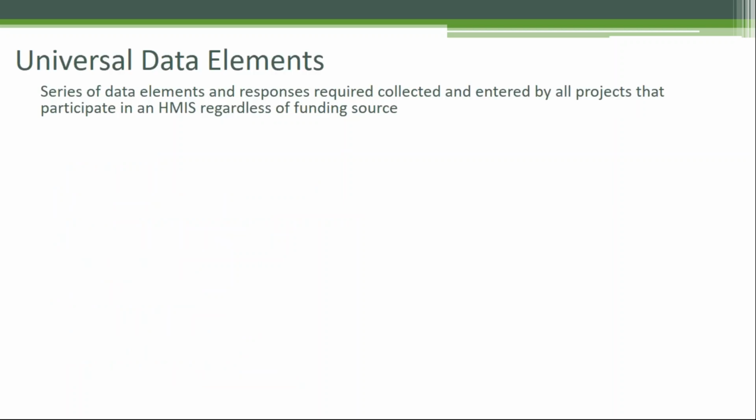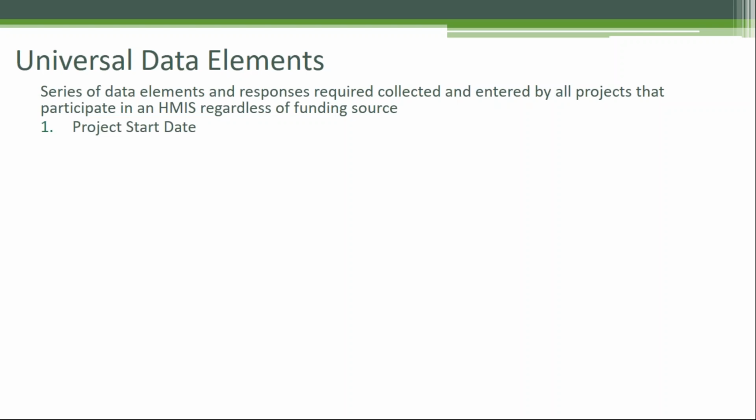When we're reviewing key terms, the first thing I want to talk about is universal data elements. So universal data elements are a series of data elements and responses required to be collected and entered by all projects that participate in an HMIS, regardless of their funding source.